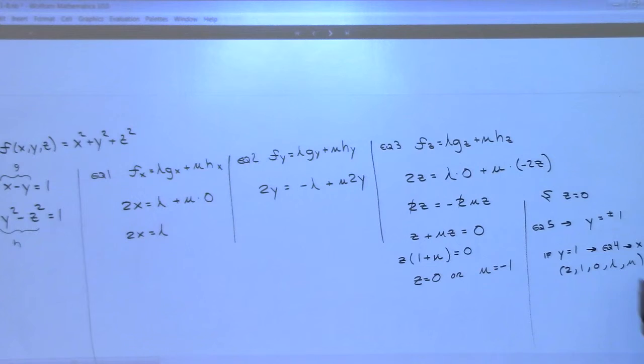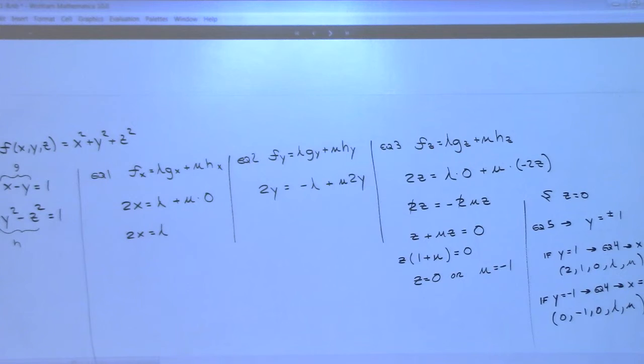And I don't really care what those are. But that wasn't the only thing. I could have had -1 for y. If y is -1, then equation 4 would have told us what? X is 0? Yeah. So we have another one, which is 0, y is -1, z was 0, lambda, and mu.